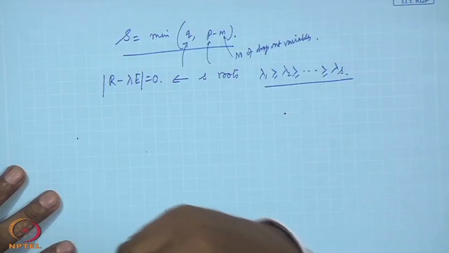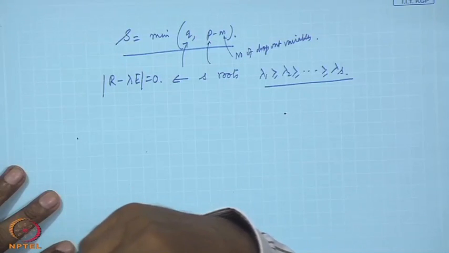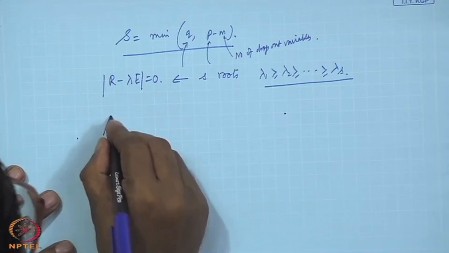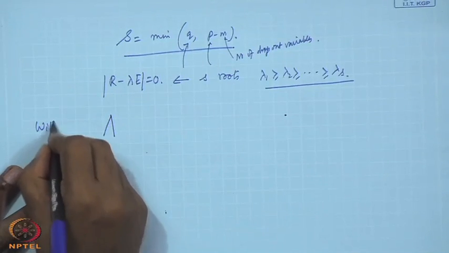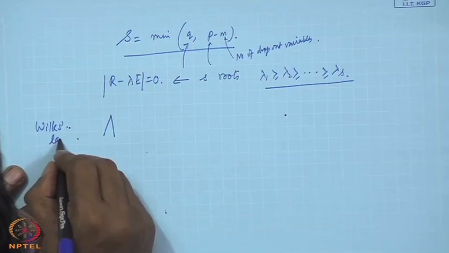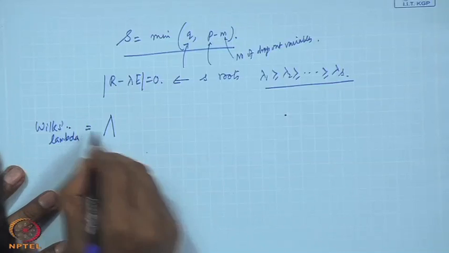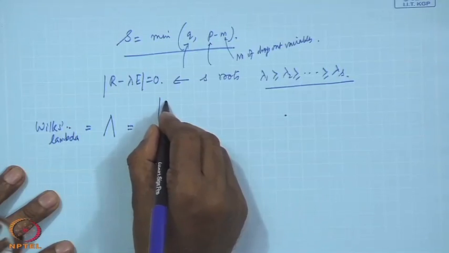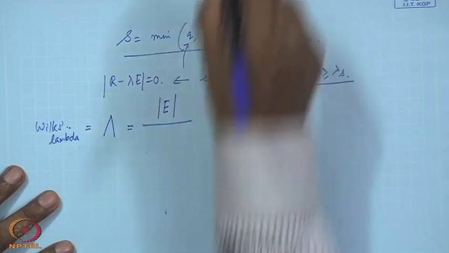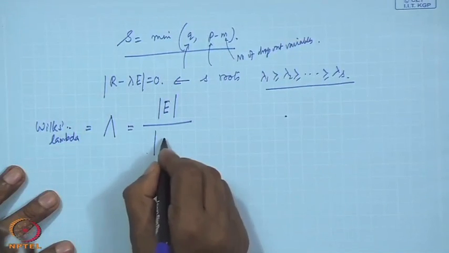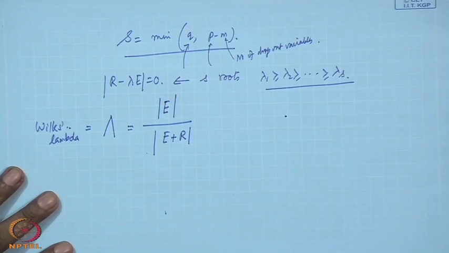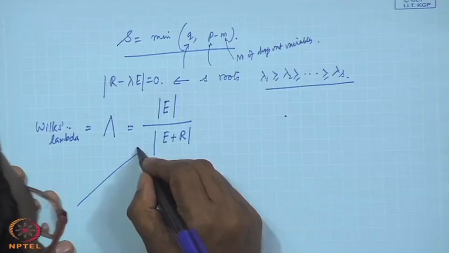So using this property, several statistics were developed. For example, you will find that Wilks lambda will become like this. This is nothing but the determinant of E, I think you can understand E now, the way we have defined it, divided by E plus R. Are you getting some clue with MANOVA?